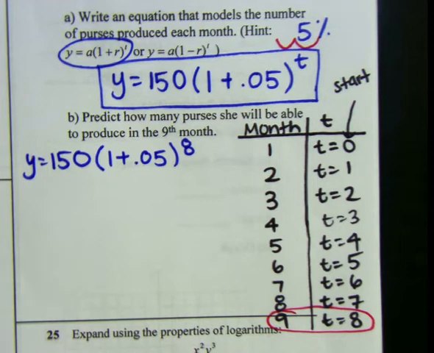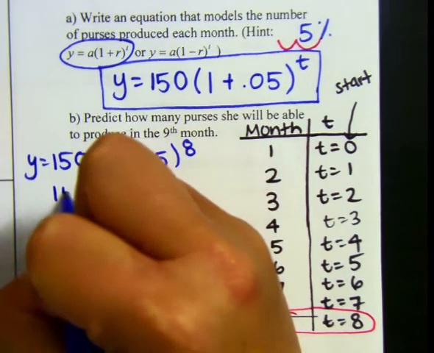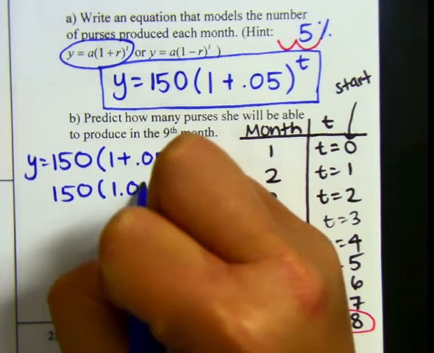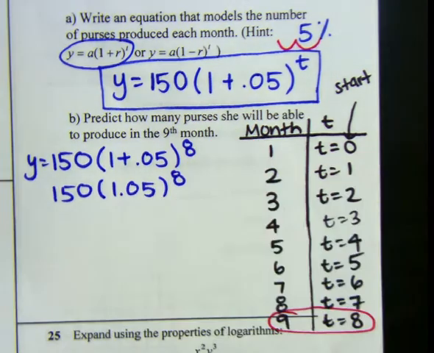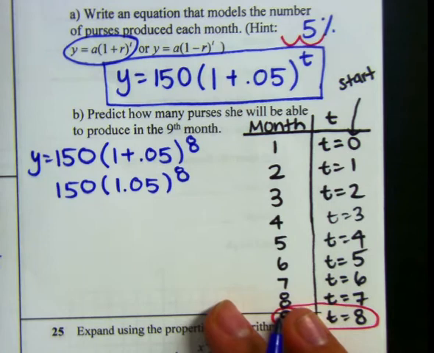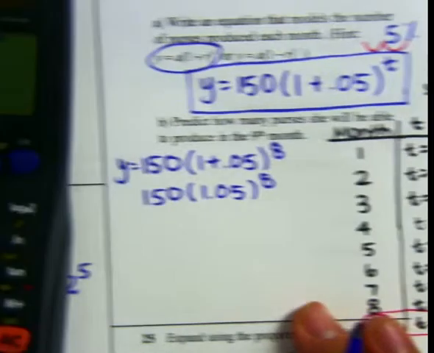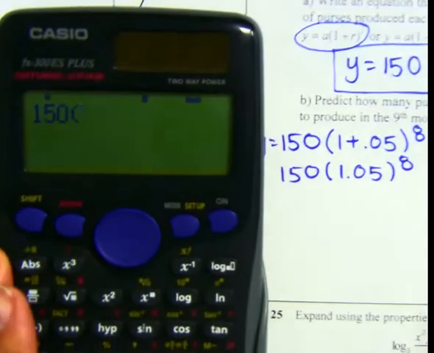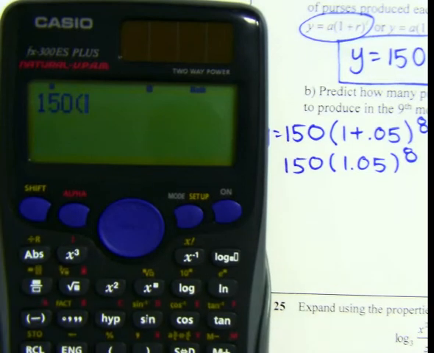And then we just plug it into the calculator. So that's 150 times 1.05 to the 8th. Some students like to plug this all in. It's up to you. I can show you how to plug it all in. So that's 150. Give me parentheses. Close the parentheses.